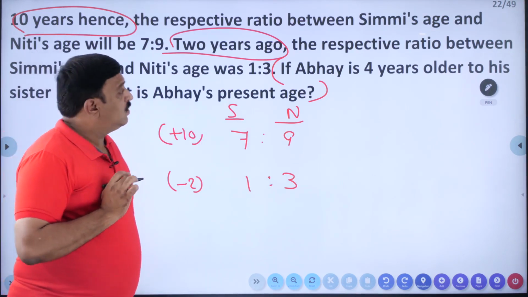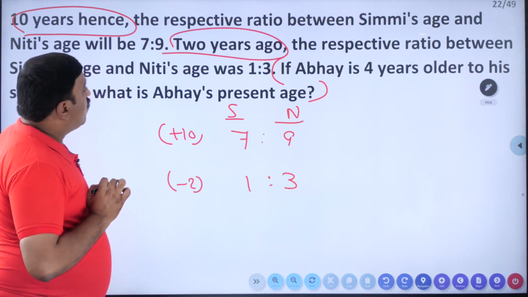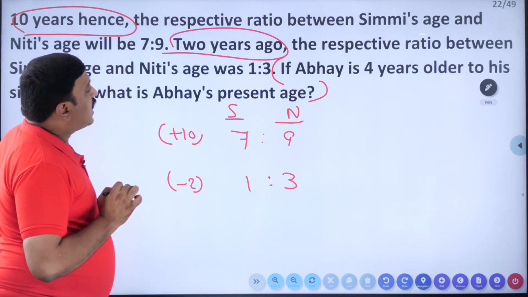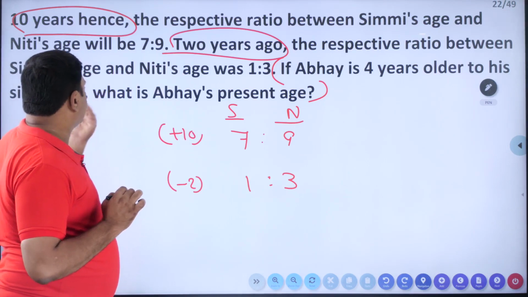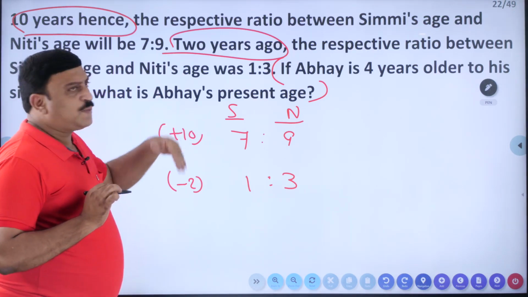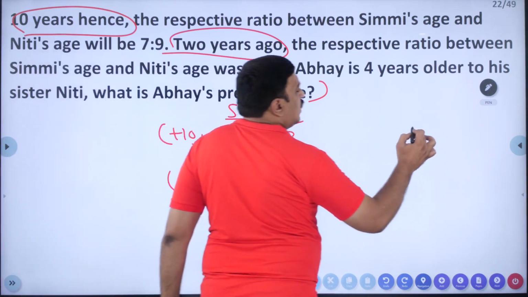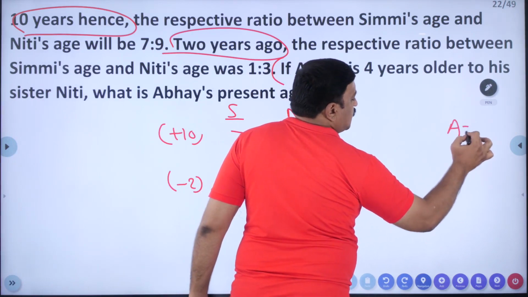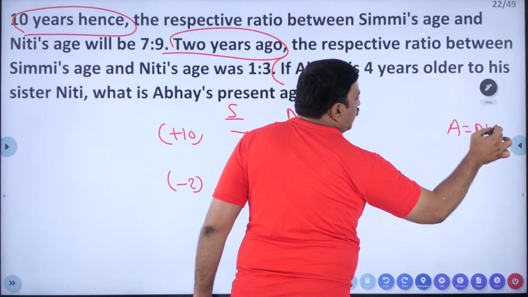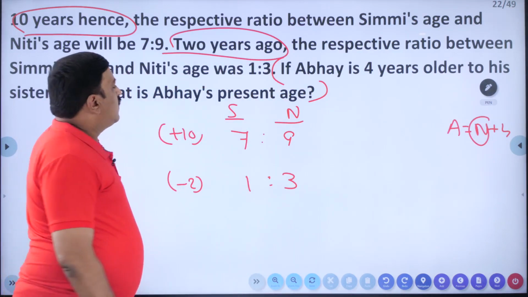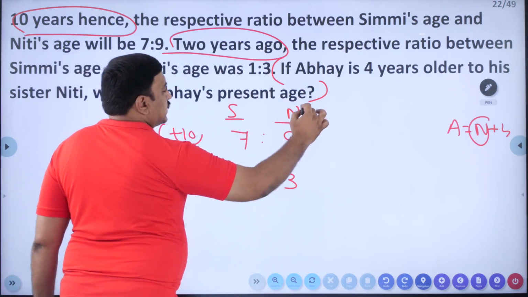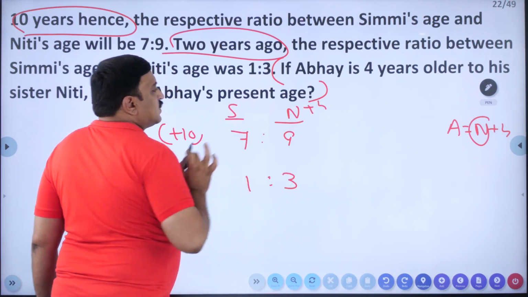Then what do we need to go for? If Abhay is 4 years older than his sister Niti, what is Abhay's present age? How will you get Abhay's present age? Once you find out the present age of Niti, then definitely Niti +4 is our answer. You have to try and solve that.